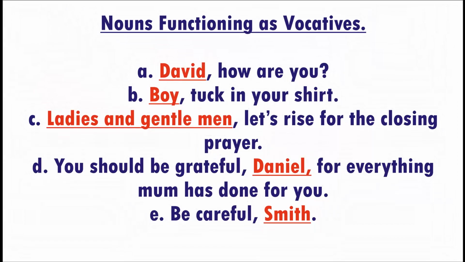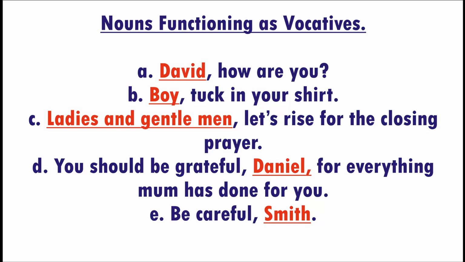So the last one on the list, which is nouns functioning as vocatives. When we say vocatives, vocative is related to name calling. You want to address someone, then you first call the person's name before you address the person. That is what we call vocative.